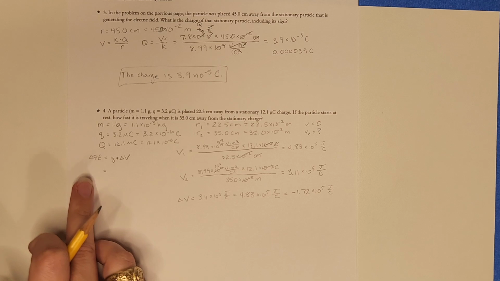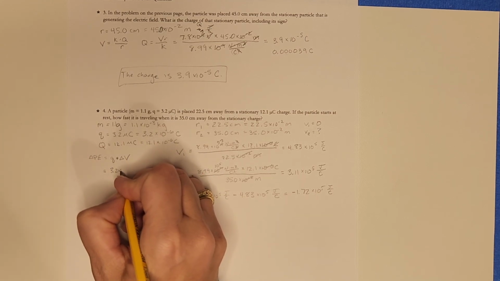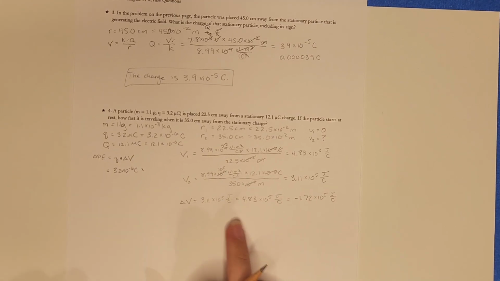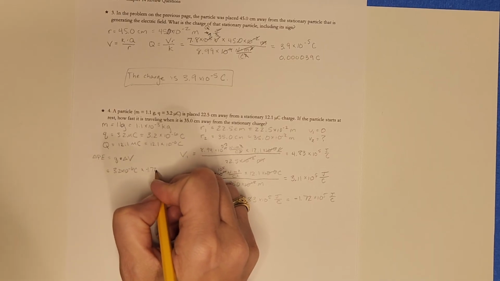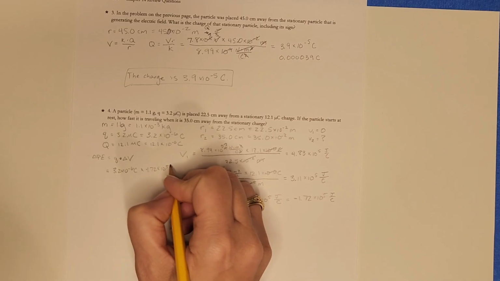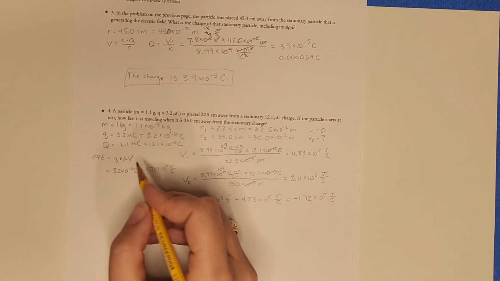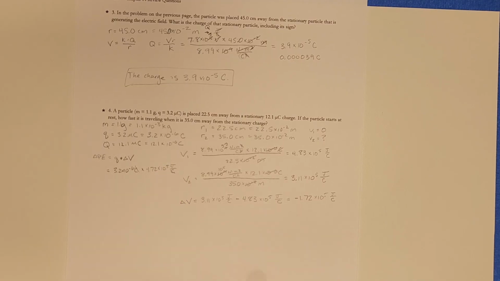So we have our particle charge, 3.2 times 10 to the negative 6 coulombs, times our change in electric potential, negative 1.72 times 10 to the 5th joules per coulomb. And here you can see why I left it in joules per coulomb instead of saying volts, because the coulombs are going to cancel, and I'm going to be left with joules, which is our energy unit.